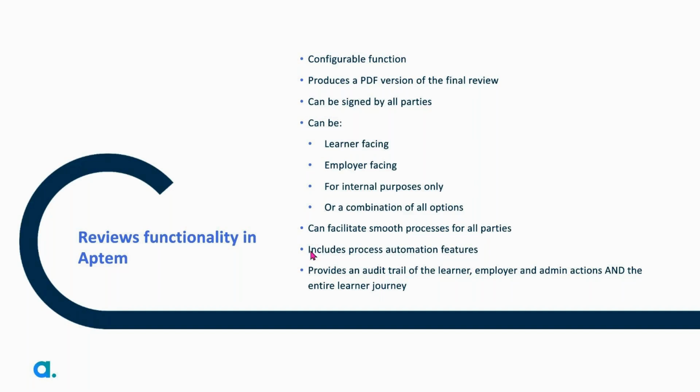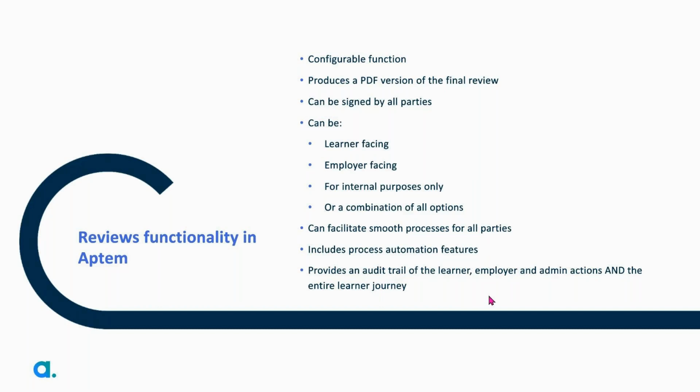If we start to embed reviews as part of our experience in Aptem and as part of the journey, so thinking about a learner goes through a section and then we review that and we record the results of that, this can facilitate really smooth processes for all parties. And some of the logic that you can use within Aptem can actually direct processes through the system and give really clear direction to anybody that's engaging with that review.